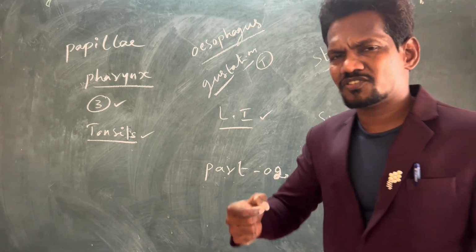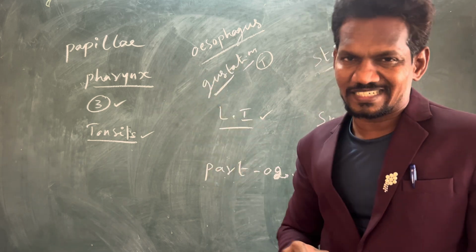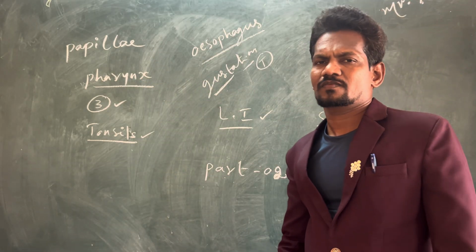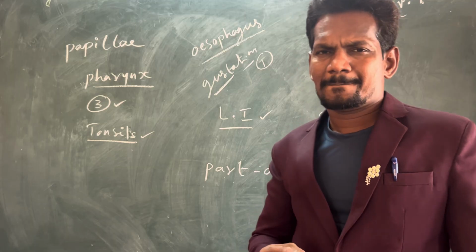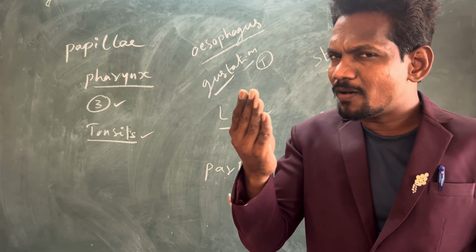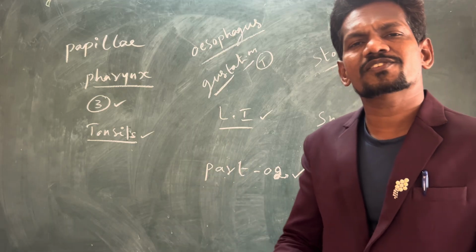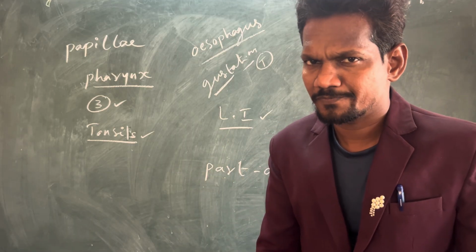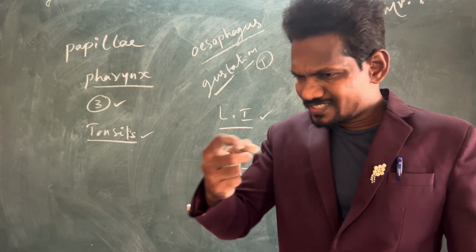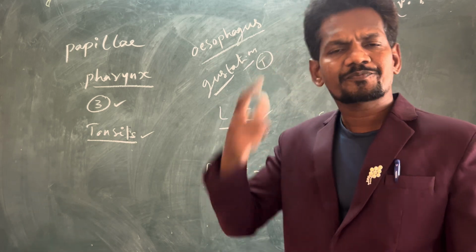How is the taste of food materials identified? A group of taste buds present on the surface of the tongue is known as papillae. There are different types of papillae: vallate papillae, foliate papillae, and fungiform or filiform papillae. These contain groups of taste buds, which are connected to the taste receptors or sensing nerves from the tongue to the brain.